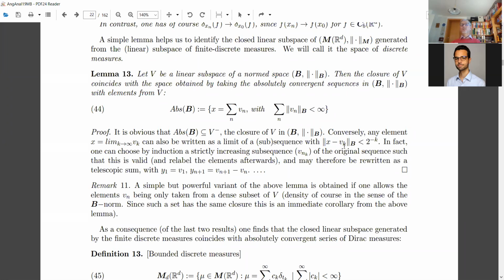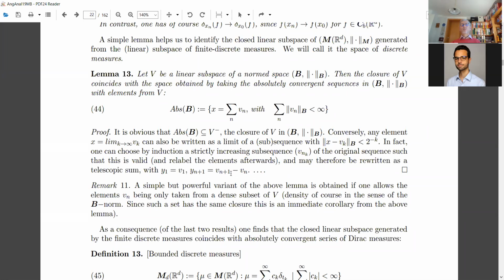So for each k, you can find an index, and you can choose this index in increasing order such that everything is fine. And then the trick is that you're writing a telescopic sum of these terms. So you're adding up the differences of them. So you compute the differences, because it's a telescopic sum, if you add such terms, you're starting with v1. You add v2 minus v1.